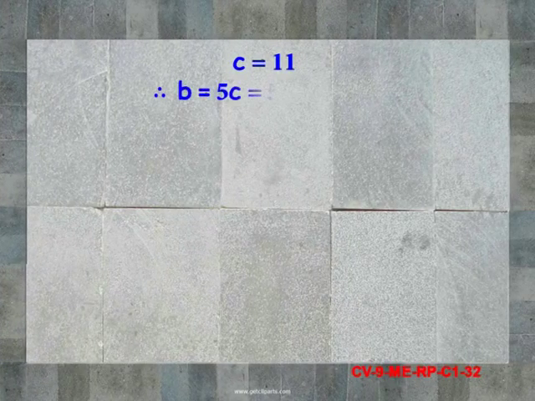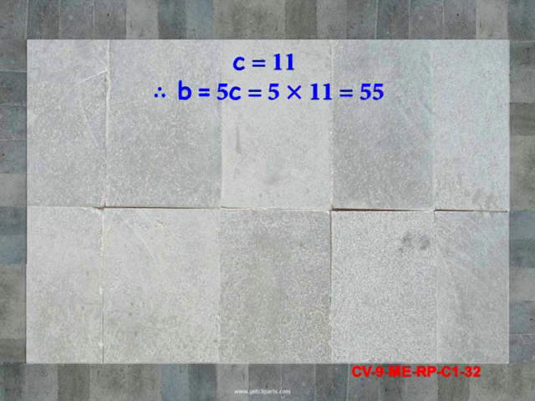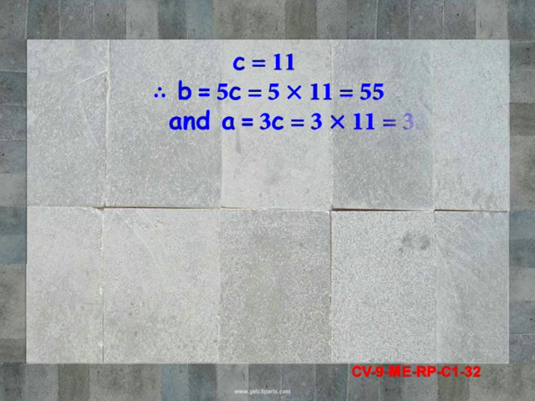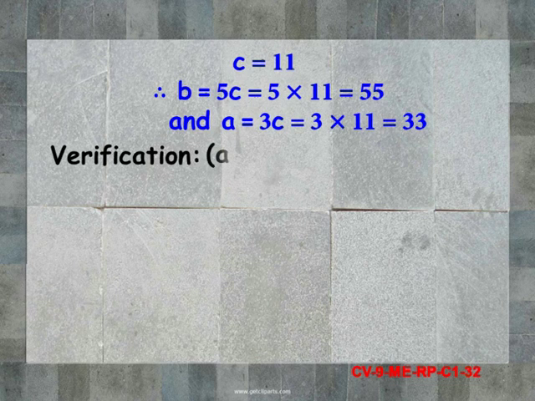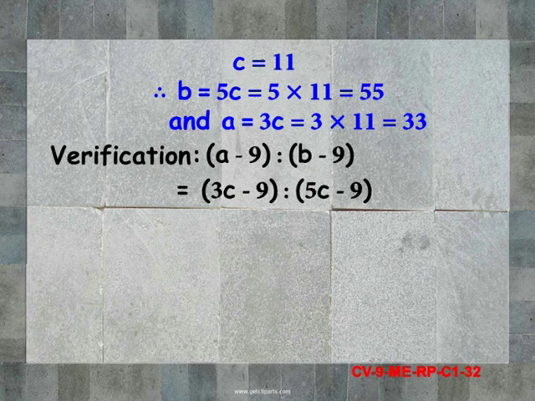Therefore, B is equal to 5C is equal to 5 into 11 is equal to 55, and A is equal to 3C is equal to 3 into 11 is equal to 33. You can verify the result as follows. Verification. A-9 is to B-9 is equal to 3C minus 9 is to 5C minus 9.